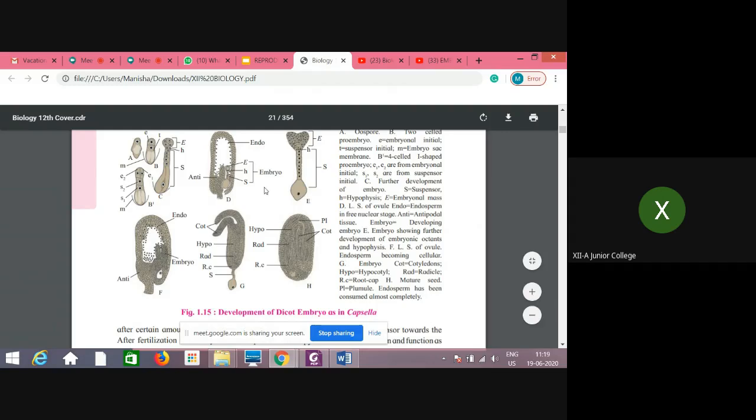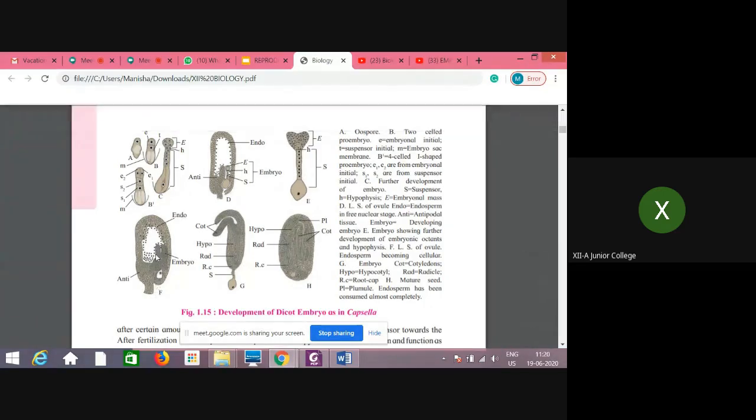Okay, now you can see in the next stage, the next diagram F, that whatever space was free here, now as the embryo is developing, the size of the embryo is becoming larger. So it is enlarged compared to the previous one.